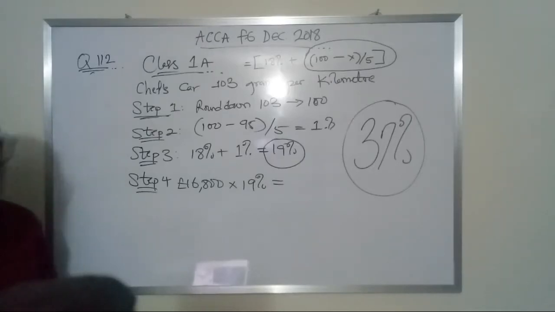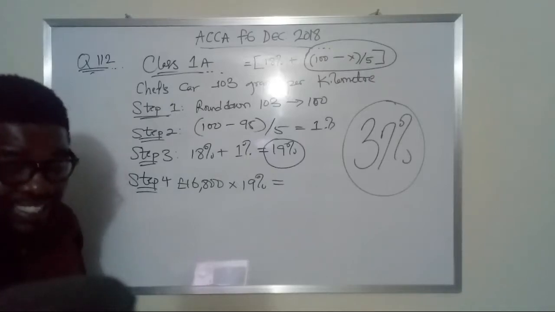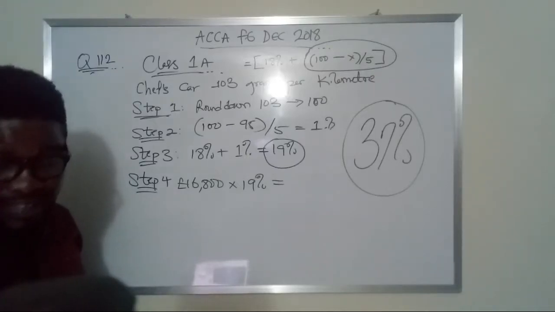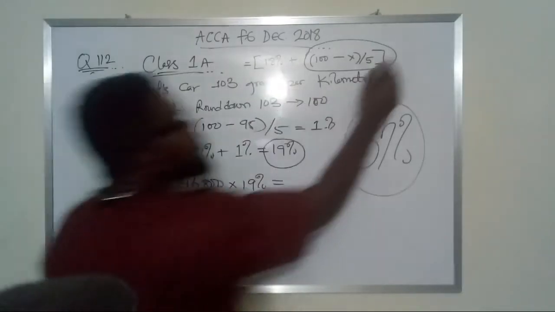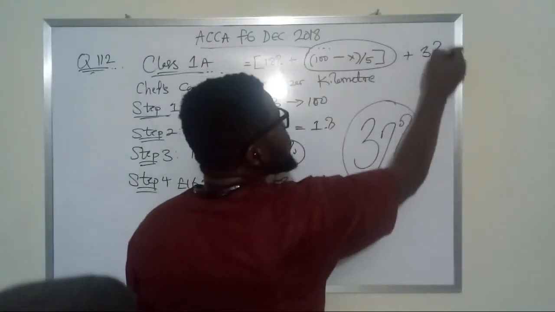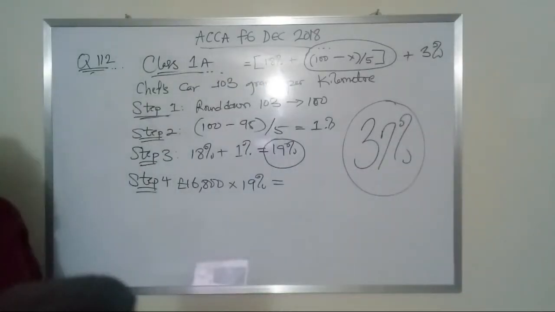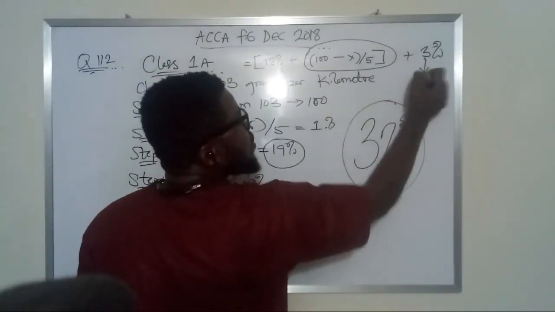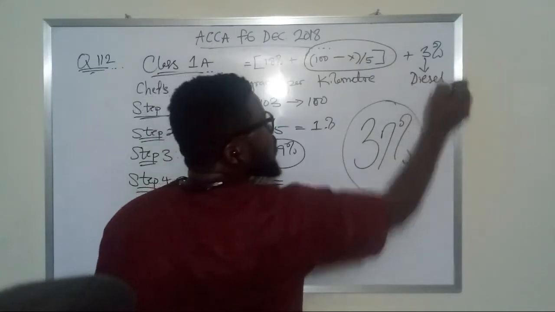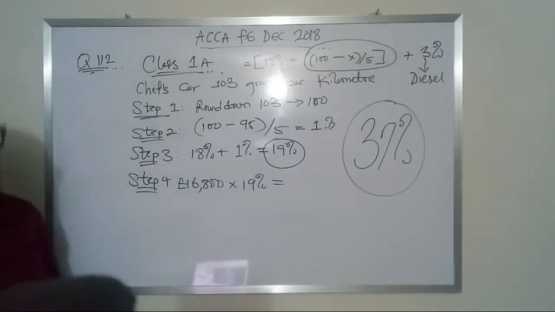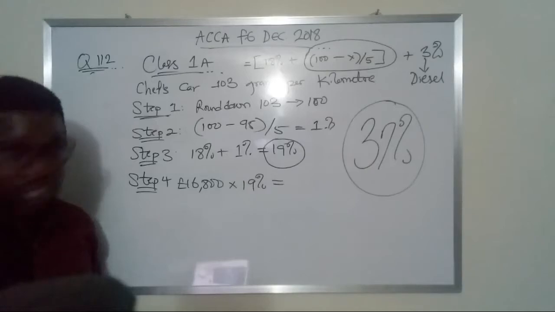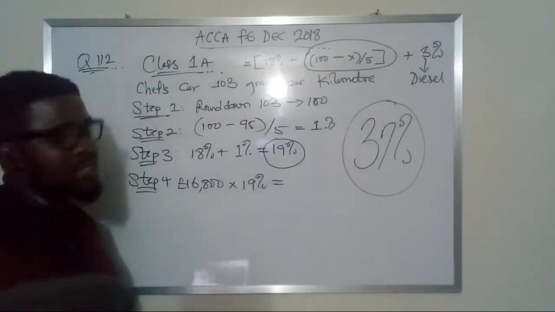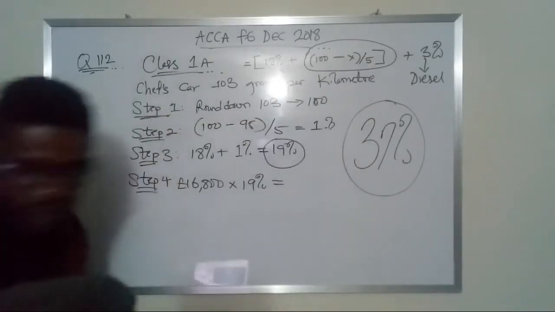Now, if they tell you that it is a diesel car, it still remains this formula, but plus 3%. Just for information, plus 3%. That's for a diesel car. This formula plus 3%, but the maximum is still 37%.